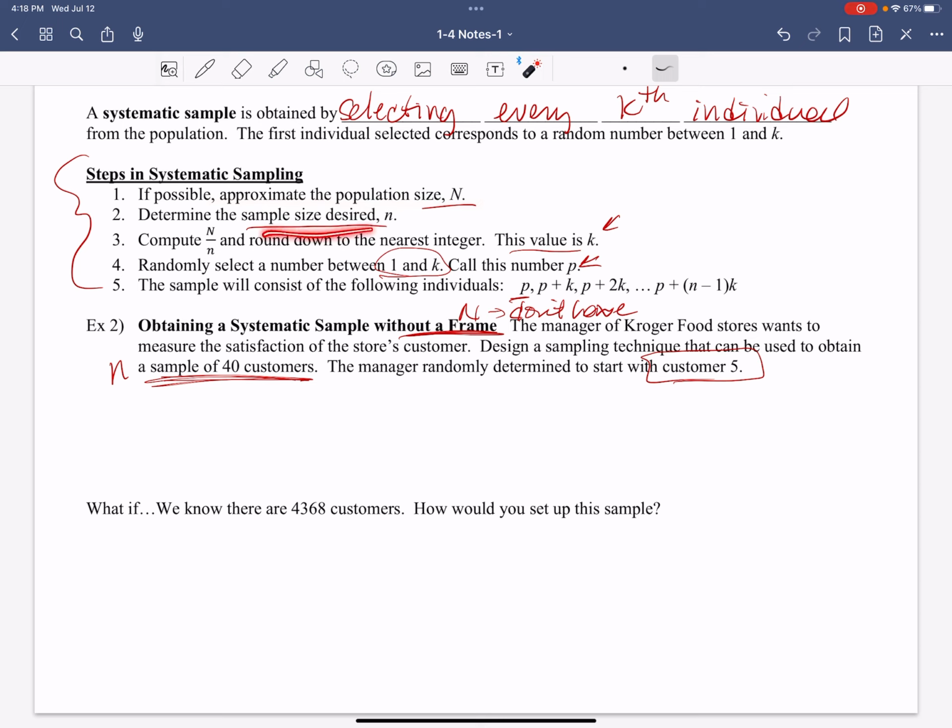Well, we don't have that. We do have our sample size, but there's no way to do this part of it. It is randomly selected for my k. The manager did that for us and gave us our 5. Now we come up with where we're starting with this. All right. So my 5 here is the p value.